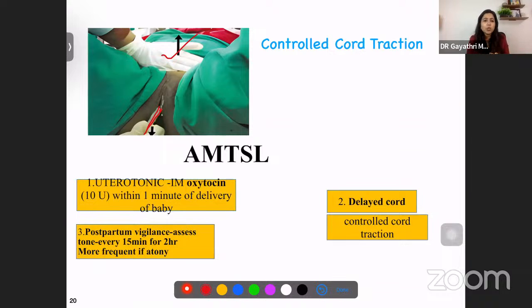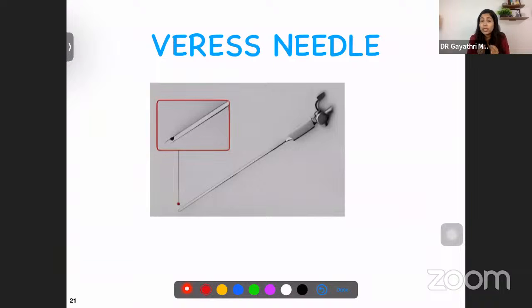I will assess the tone every 15 minutes for 2 hours. Previously uterine massage was a routine practice, but now that's not the case. Suppose the tone of the uterus is normal, you need not go for a uterine massage. Only and only if the tone is decreased, then you go for a uterine massage.